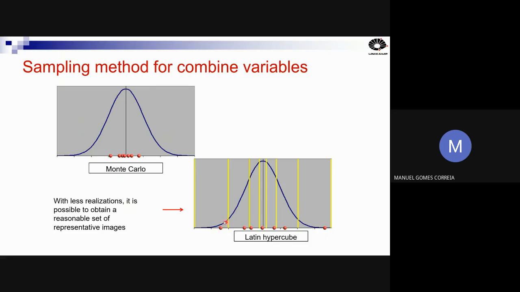So if you first choose a variable on this left side, it will choose the other one on this right side. So it has a reasonable set of representative images.